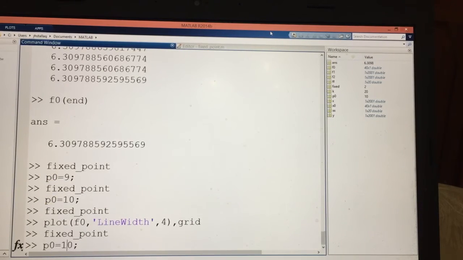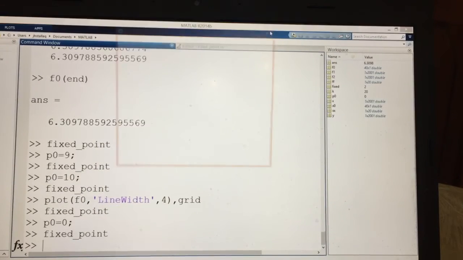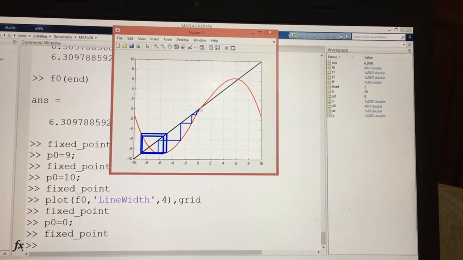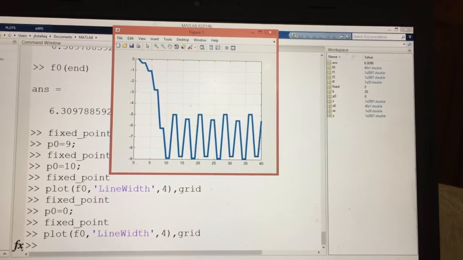Even at 0, I expect that you will not get a solution. Fixed point. Anywhere we start in this region, it will keep oscillating around this point here. We can see that plot: if we started at 0, it goes and oscillates.